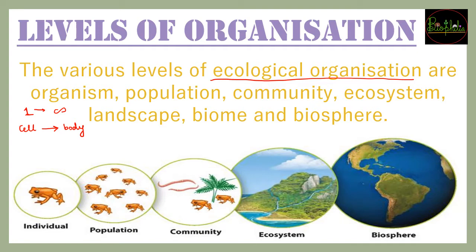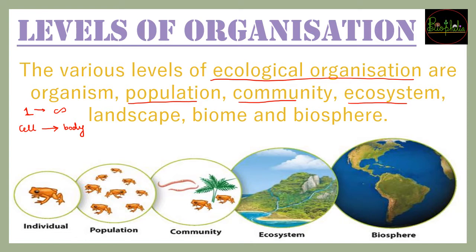So starting from a single individual which is an organism फिर आप पढ़ोगे उसके population पे यानी बहुत सारे individuals जब group बनाएंगे it is a population. When different kinds of species are going to come together that is a community and when community is going to interact with the surrounding non-living surroundings they would be consisting of a ecosystem.